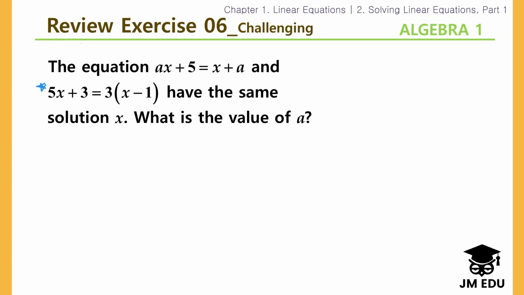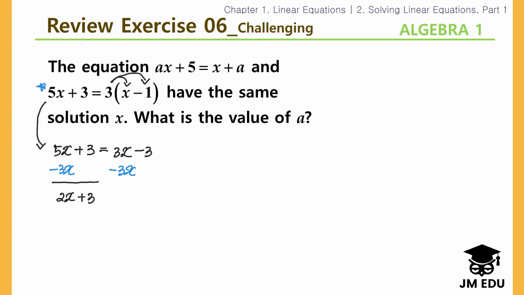Okay, let's try that. So here we have 5x plus 3 is equal to 3 times x, that's 3x, 3 times minus 1, minus 3. So I'm going to eliminate 3x on the right hand side by subtracting 3x each side, right? 5x minus 3x, that's 2x.